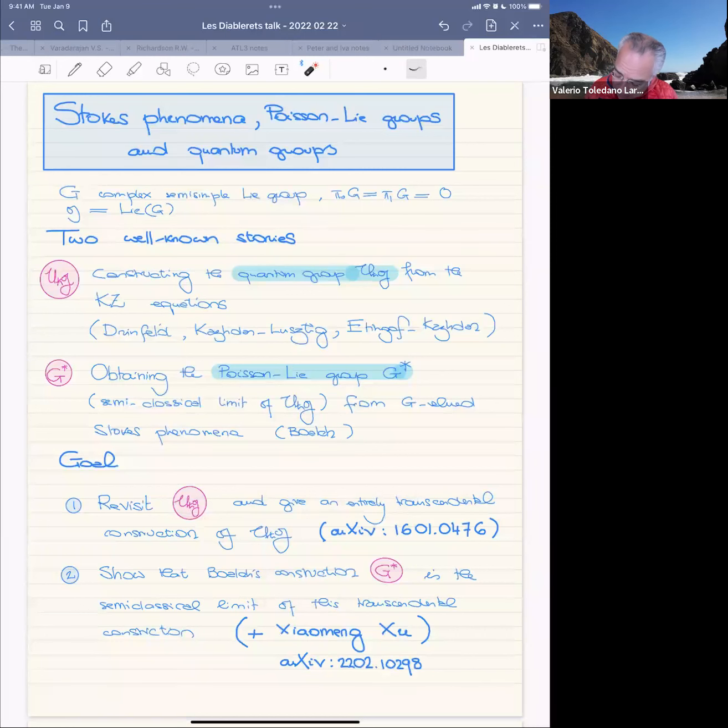I want to explain that Phil's construction of G star is a semi-classical limit of the transcendental construction of U h bar G that I'll explain. This part is joint with Xiaomeng Xu, and it's on the archive. In fact, it appeared this morning on the archive.